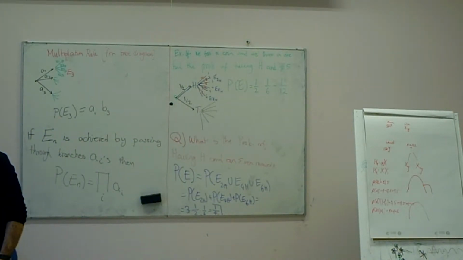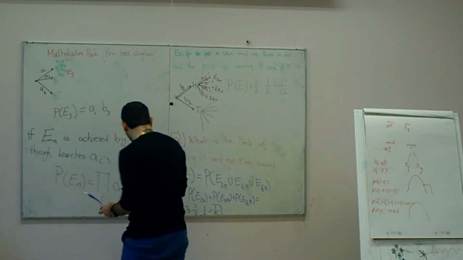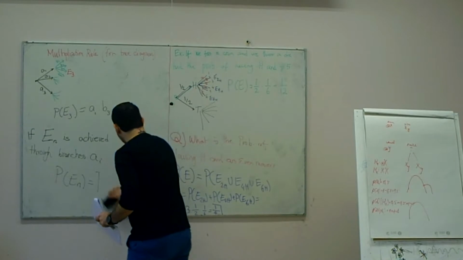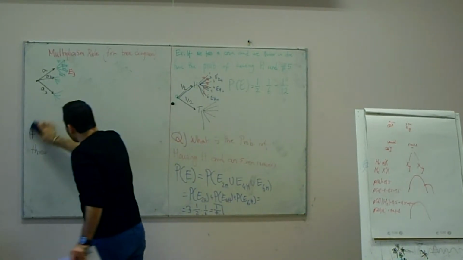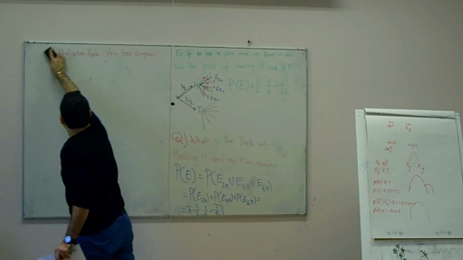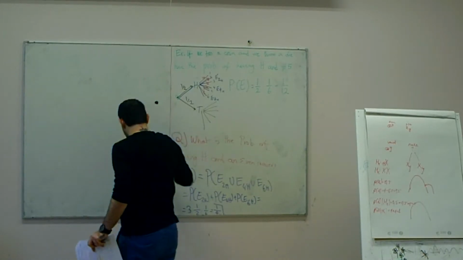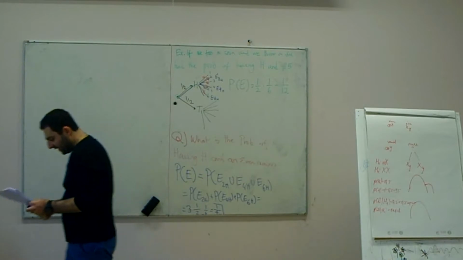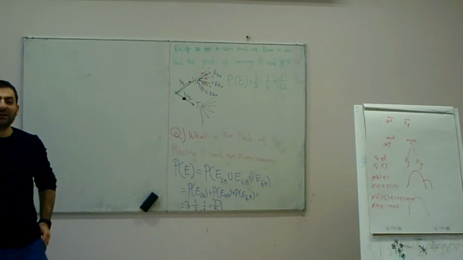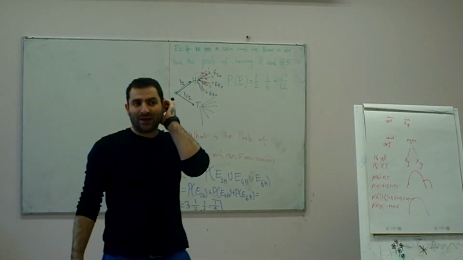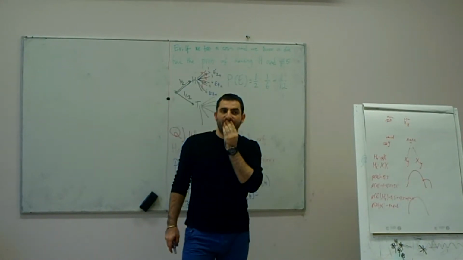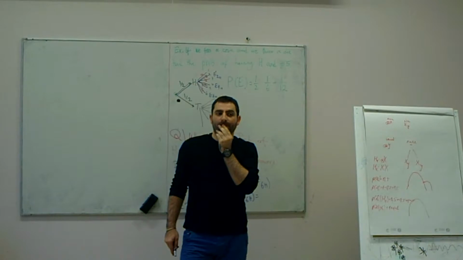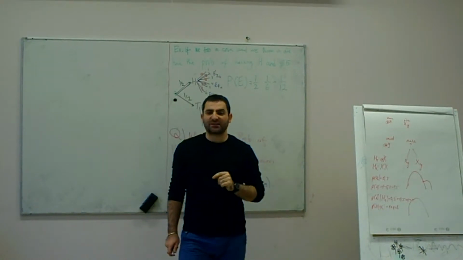Now, let me write down a few of the formulas to see if you remember them. If I have the cumulative probability, the capital F, how could I get the PDF? By finding its derivative.